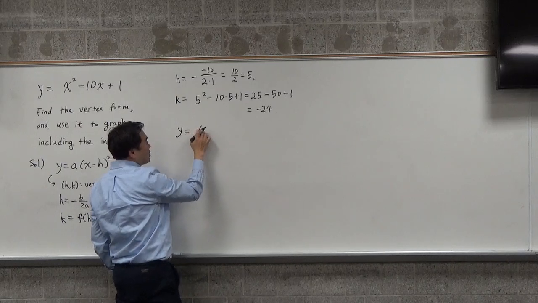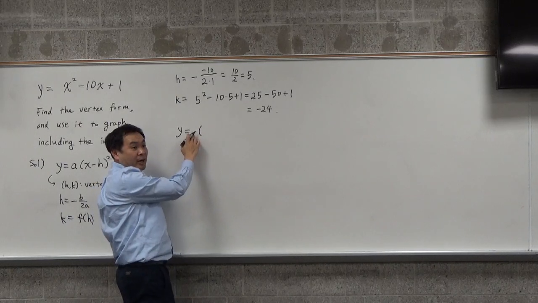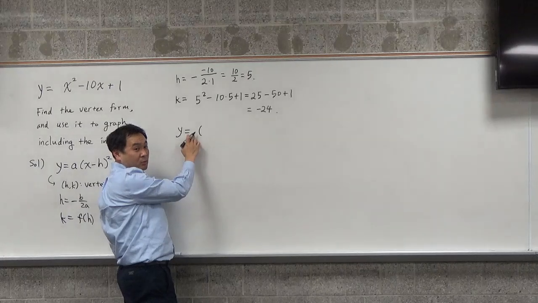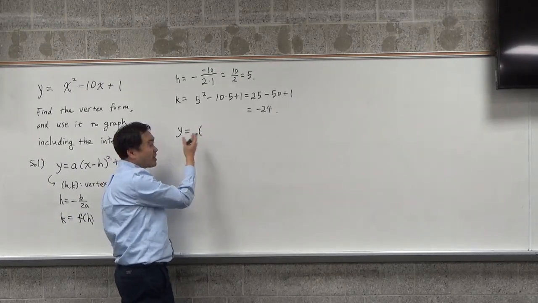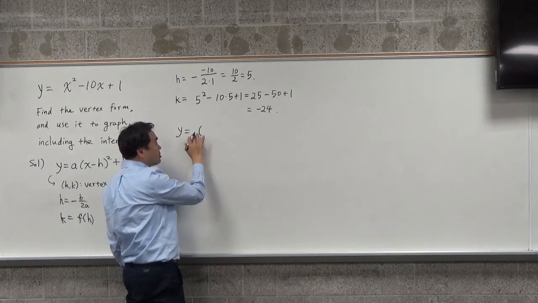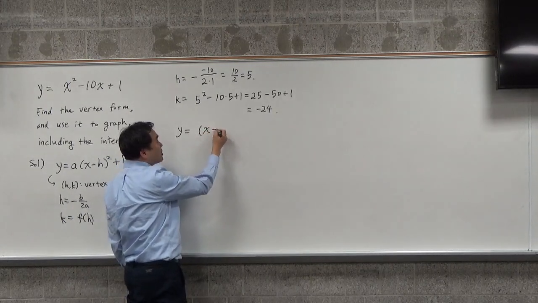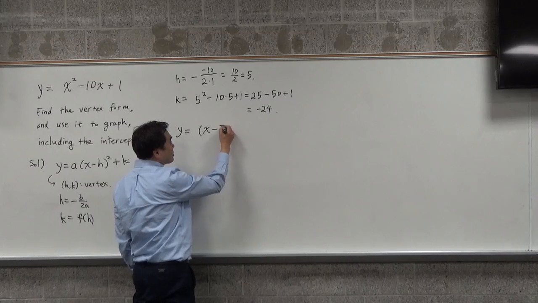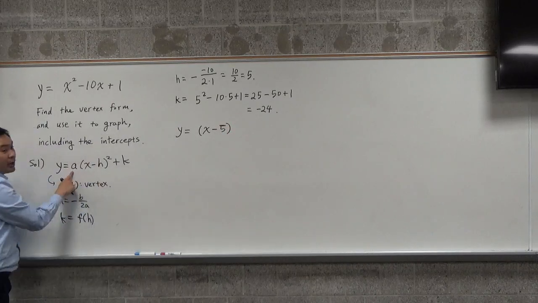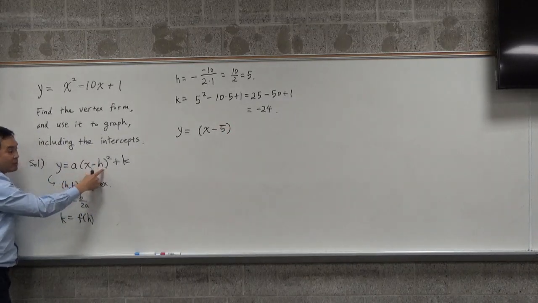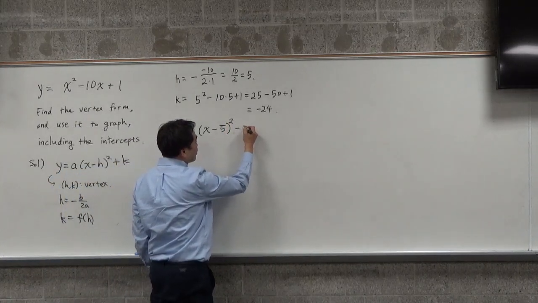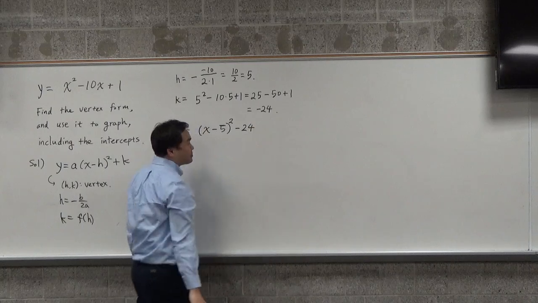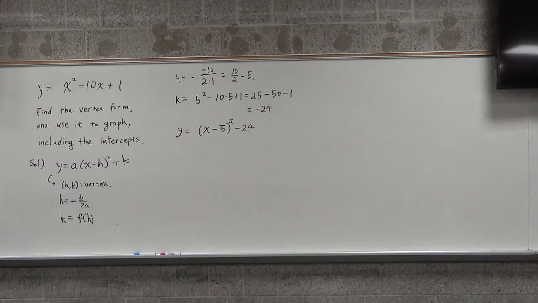It's a times (x minus h). But what's a again? a is 1. So you don't write it. If it's 1 times something, it's same as not writing anything. So you don't have to write 1 here. (x minus 5) squared, because that's your h. And k is negative 24, so we put minus 24. That's the vertex form.